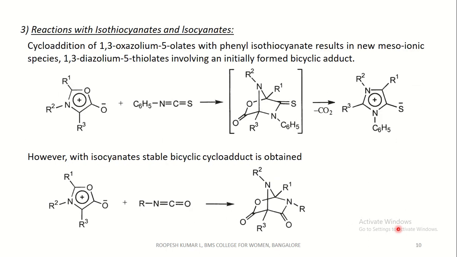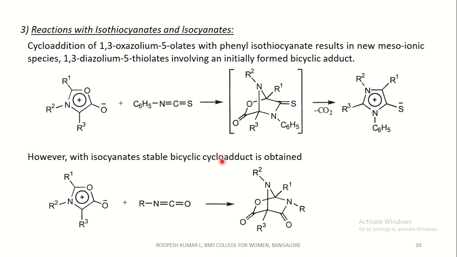Coming to the next route, reactions with isothiocyanates and isocyanates. Cycloaddition of 1,3-oxazolium 5-olates with phenyl isothiocyanate results in a new mesoionic species, which is 1,3-diazolium 5-thiolate, involving an initially formed bicyclic adduct. Here this is 1,3-oxazolium 5-olate reacting with phenyl isothiocyanate.